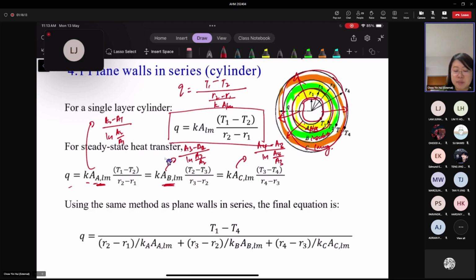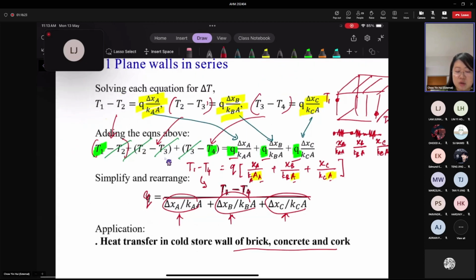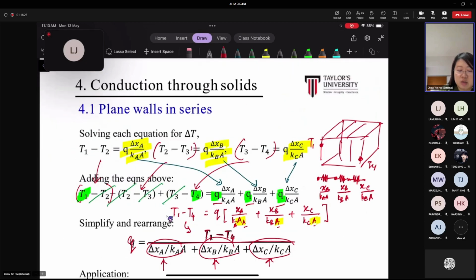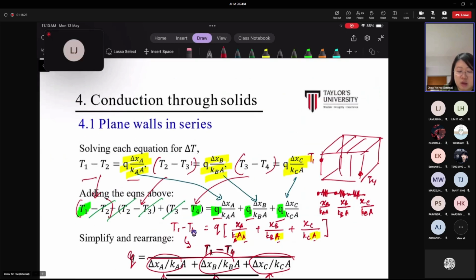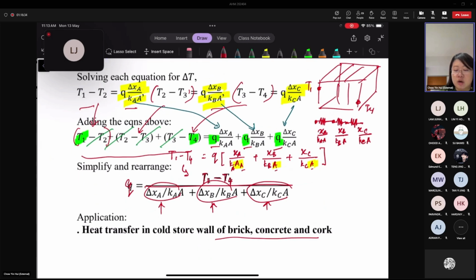Same thing if you rearrange it for each of them using the same method as just now: re-express the temperature difference in terms of the rate of heat transfer and the resistance, then sum up all the temperature differences, and rearrange the right-hand side.